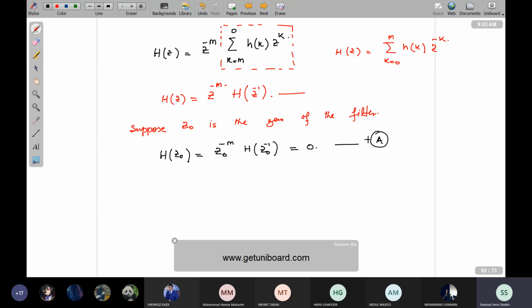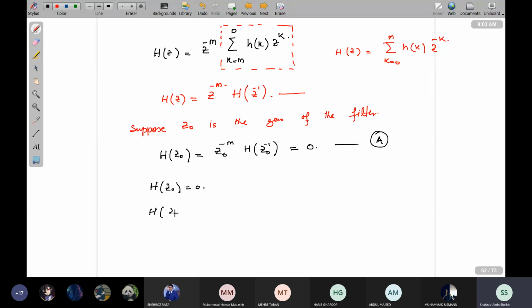Now what is this equation telling me? This equation tells me that h of z naught is equal to 0 and h of z naught inverse will be equal to 0. What does it mean?